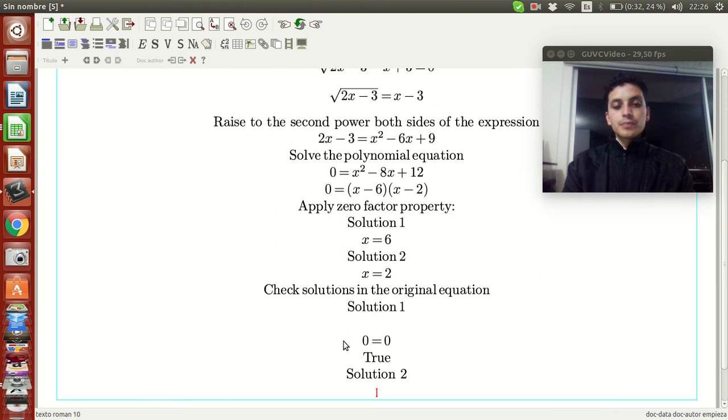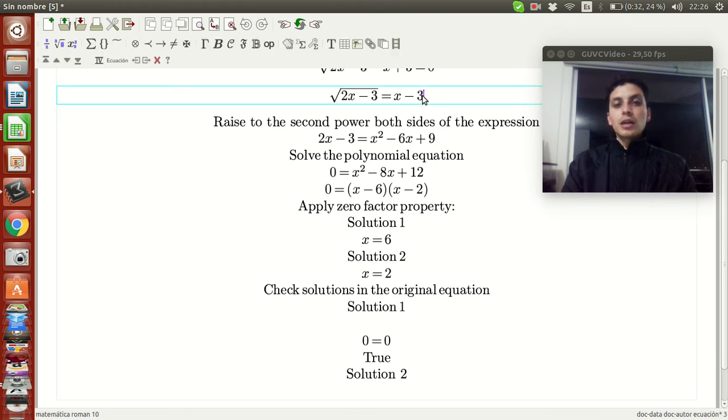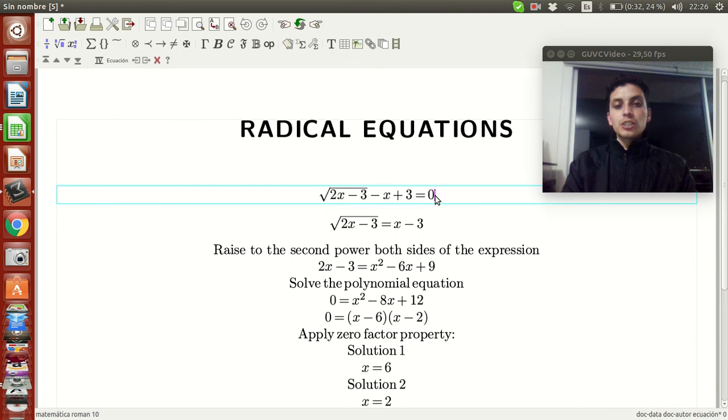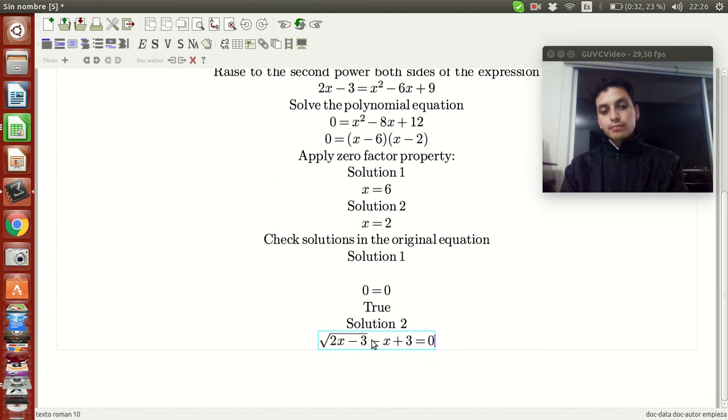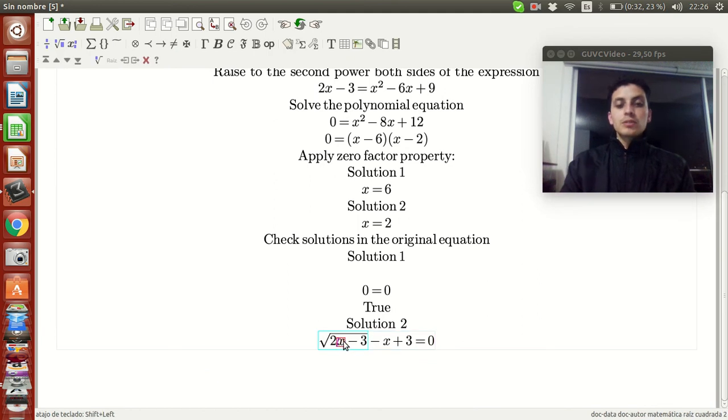Solution 2. Let's use solution number 2 in the original equation. Instead of x we're going to use 2. Negative 2 plus 3 is positive 1. 2 times 2, 4. 4 minus 3, 1.